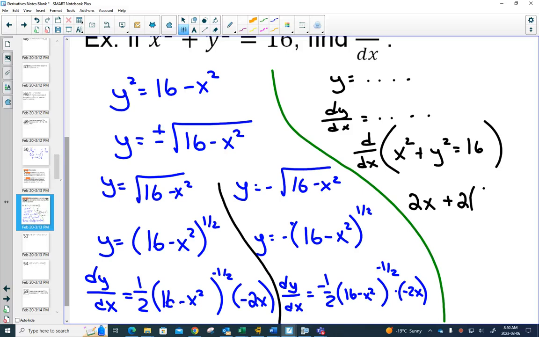I would keep the inside the same and subtract 1 from the exponent. Now the inside, we don't know what it is, but we'll just say whatever it is would be equal to y. And then we have to do the derivative of the inside function. Well, we sort of cheat here too and say the derivative is just the derivative.